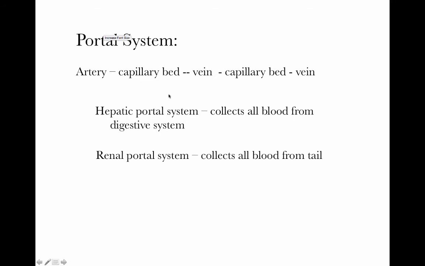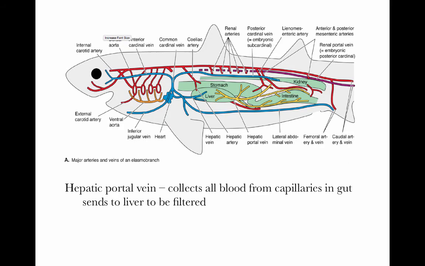So the hepatic portal system is going to be dealing with toxins that were included in the food that was eaten. The renal portal system is going to be taking care of metabolic wastes from this highly metabolically active tissue in the tail. So we see the hepatic portal vein right here.